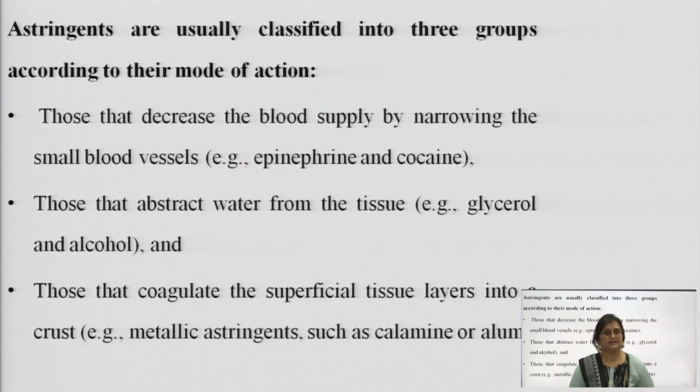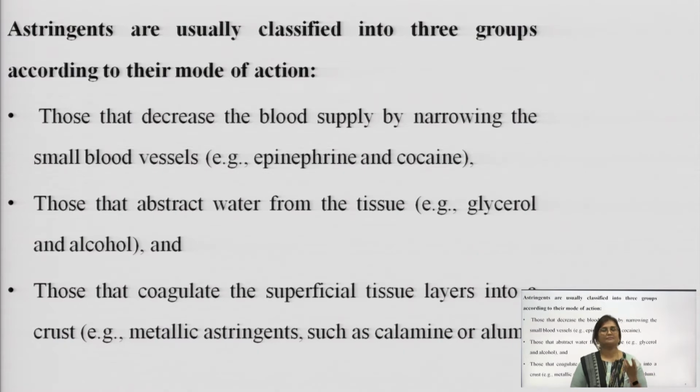Astringents are usually classified into 3 groups, 3 categories, based upon their mode of action. Number 1, those that decrease the blood supply by narrowing small blood vessels.